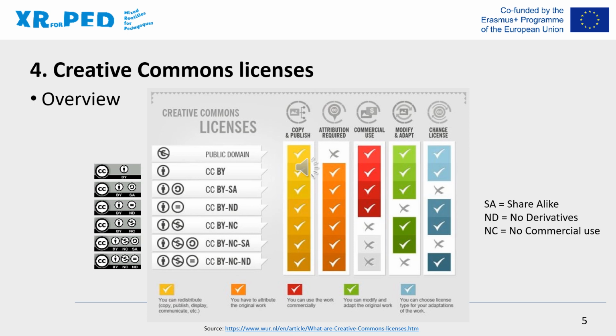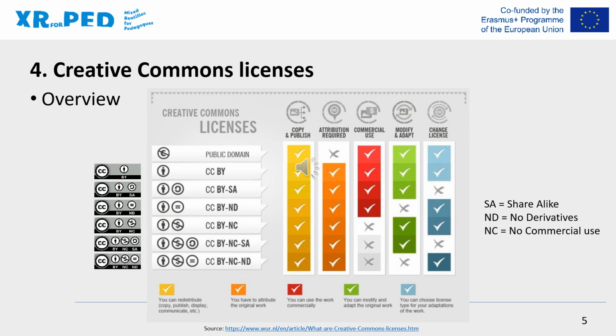CC BY ND. This is the Creative Commons Attribution No Derivatives license. This license lets others reuse the work for any purpose, including commercially. However, it cannot be shared with others in adapted form, and credit must be provided to you.